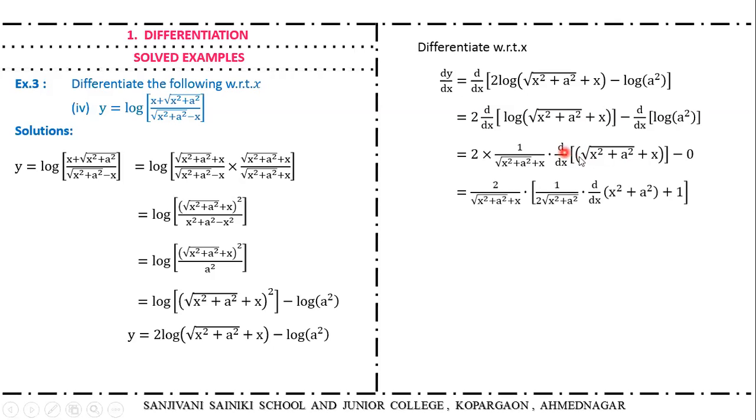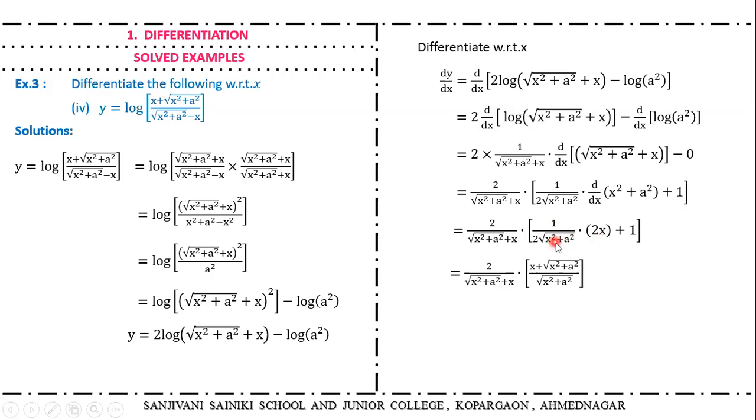So again, d by dx of root f of x, its derivative is 1 upon 2 root f of x into f dash of x. D by dx of x square plus a square, plus derivative of x is 1. So in the next step, the derivative of x square plus a square is 2x plus 0, which is 2x.